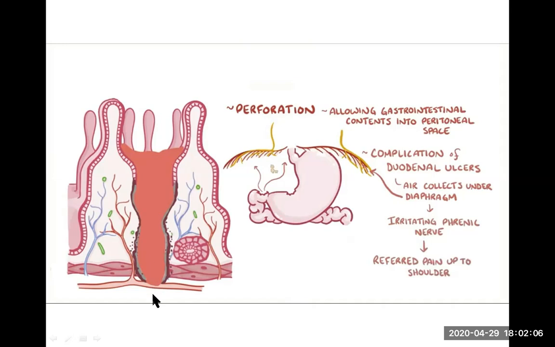Air starts collecting under the diaphragm here, and that irritates the phrenic nerve that is passing through here. This irritated phrenic nerve will give pain up to the shoulder.